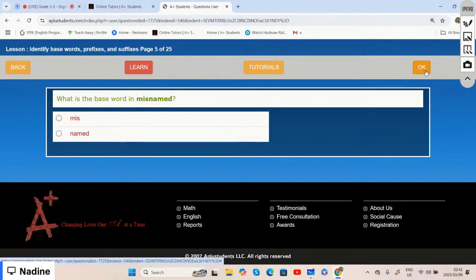Well done. What is the base word of misnamed? Is it mis, option one, or named, option two? The base word is the word that can stand on its own.